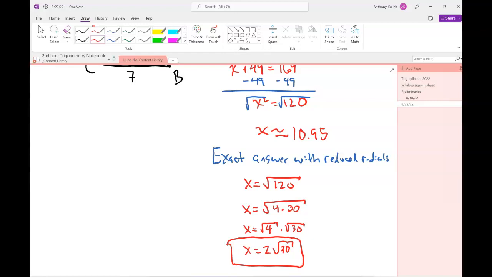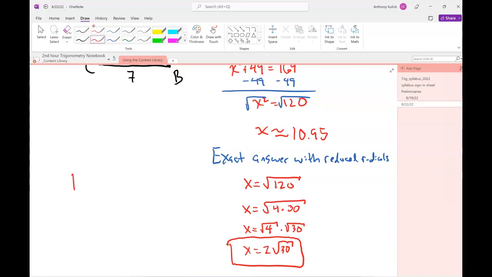Okay. Should we run through what we did there one more time, just to kind of talk through it in real time as to what we did? I would love that. Yeah. Okay. Big fan of real time. So we were asked to rewrite the square root of 120 with reduced radicals. So what we wanted to do was see if there were any perfect squares that were factors of 120.